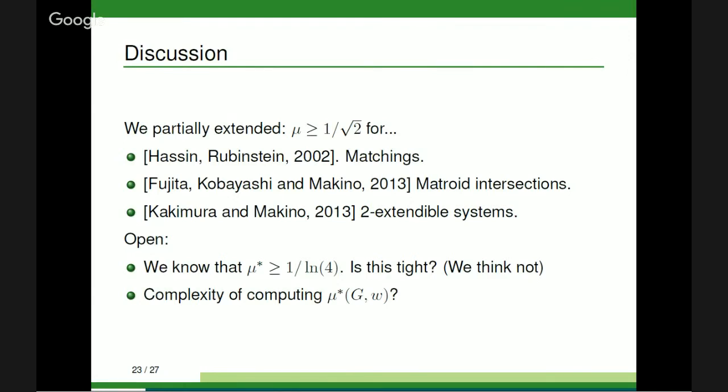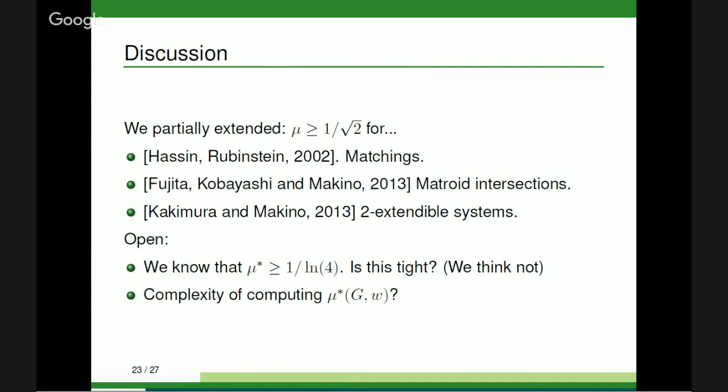We did an extension to the randomized version, and not only for matchings but also for other systems for which it was known that you can get a 1 over square root of 2 robust feasible set. So matroid intersection, it was known that you can get a 1 over square root of 2 robust independent set in 2 matroids.